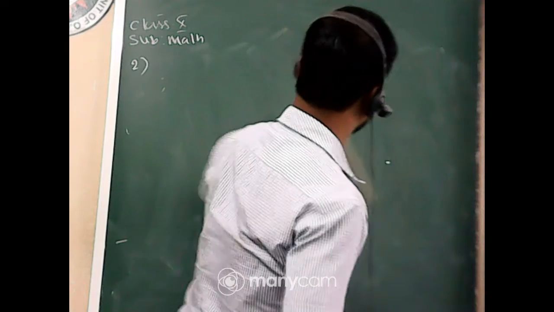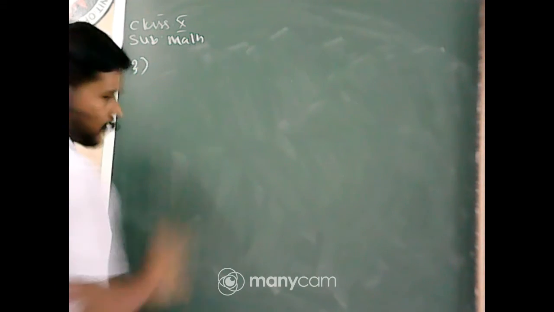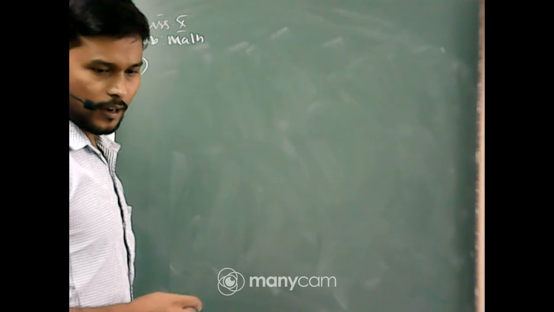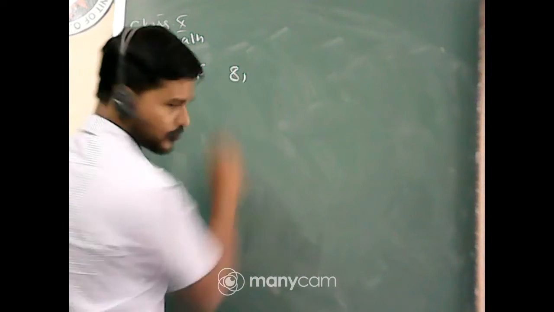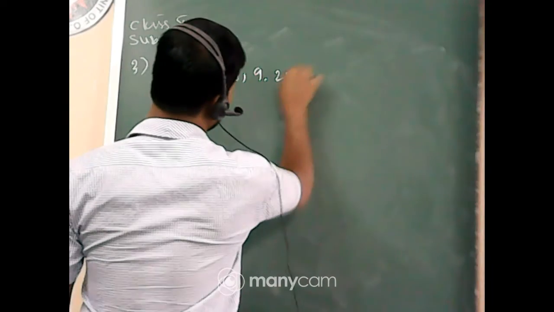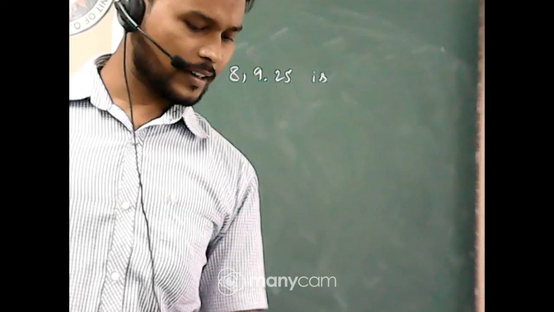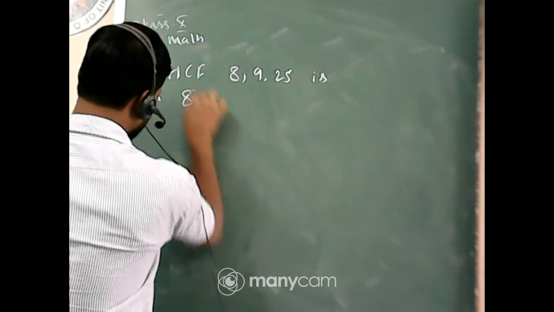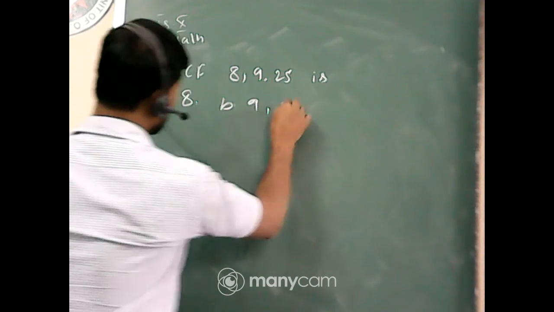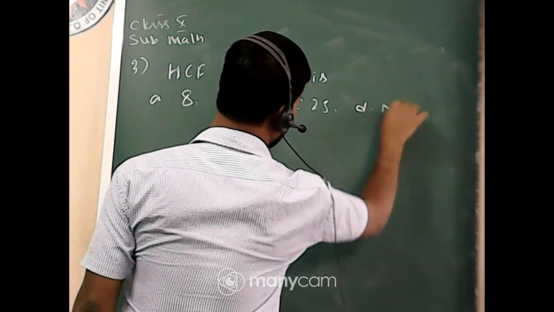The next question is, suppose the question is, find the HCF of 8, 9 and 25. Option A is 8, option B is 9, option C is 25, and option D is none of these.